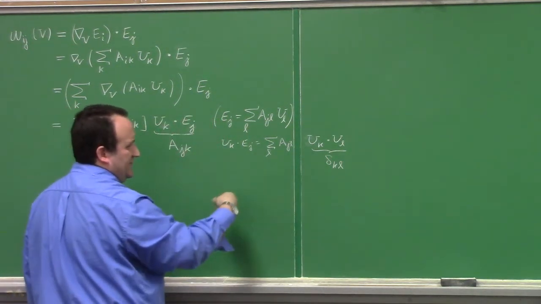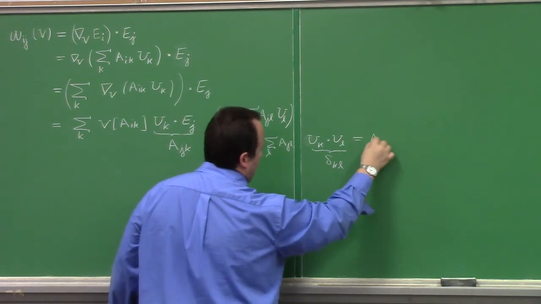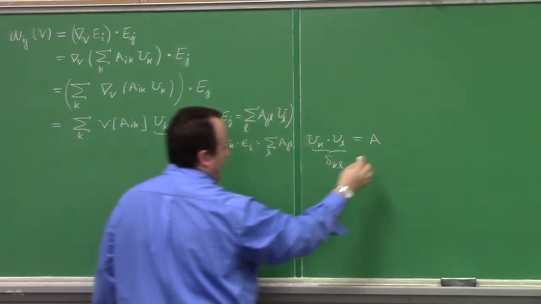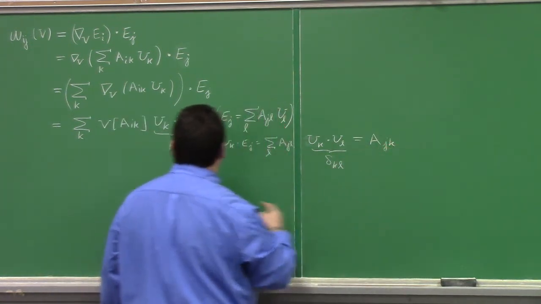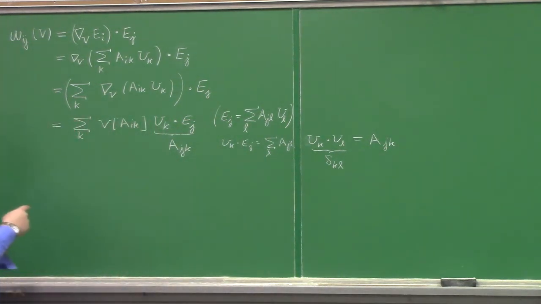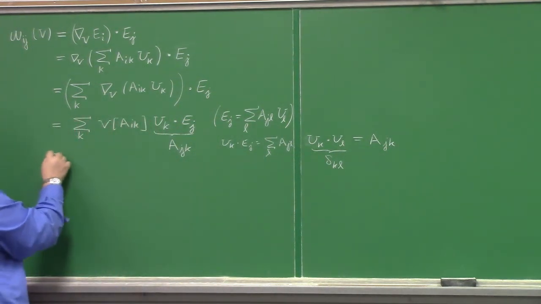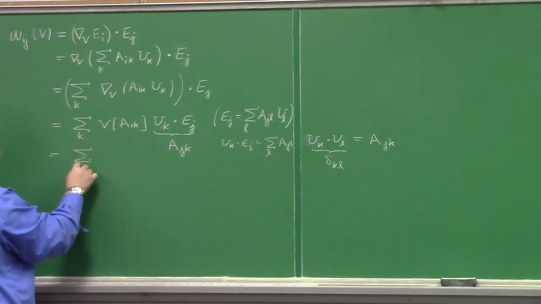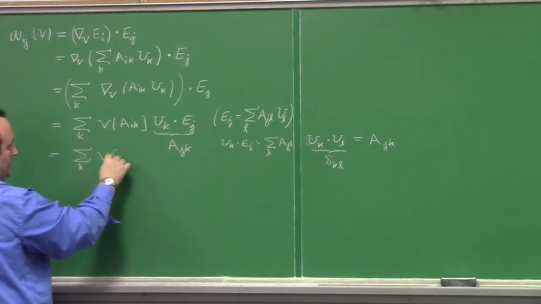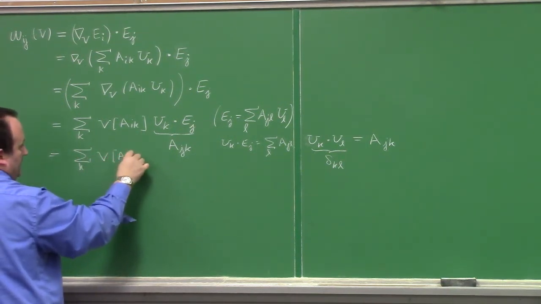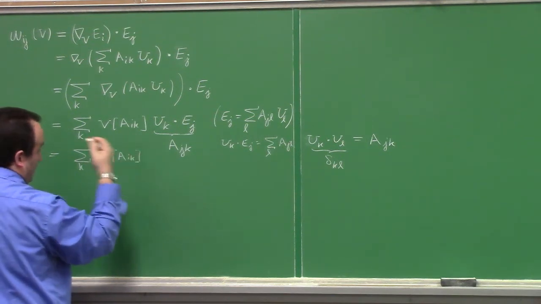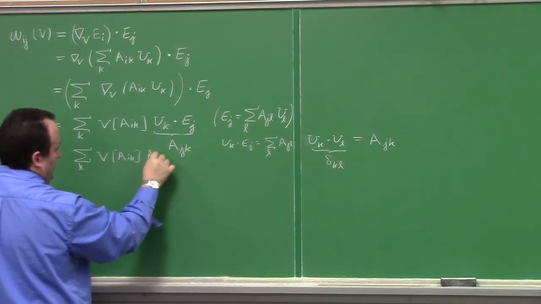And so that squashes the finite sum and just leaves us with a_jk, which is what I said over here. So what we have then is the sum over k of v a_ik a_jk.